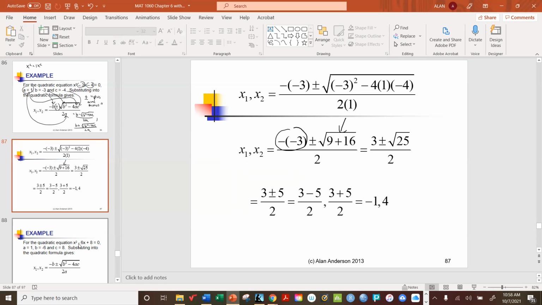Remember, this is negative 3, which gives us positive 3 here. Plus or minus the square root of 25, over 2, which of course is the same thing as 3 plus or minus 5 over 2. And now you see how I've broken this up into two pieces. 3 minus 5, 3 plus 5. And then you can take this one step further. This is actually minus 2 halves, comma, 8 halves. And that's where we're getting minus 1 and positive 4.